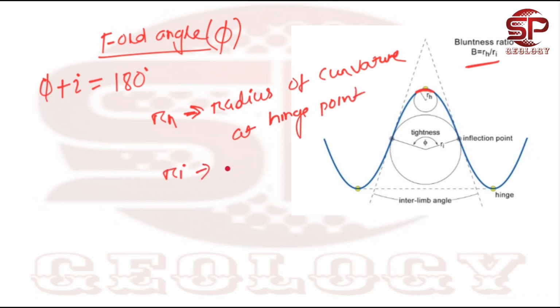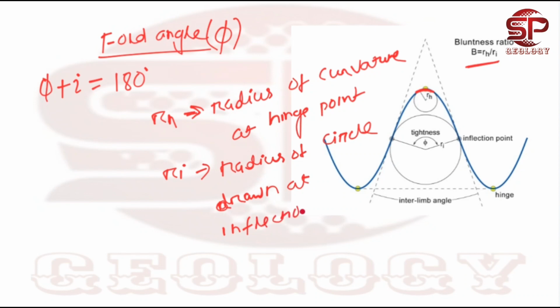RI is the radius of curvature, the radius of circle, you can say, drawn at the inflection point. That is your bluntness ratio.